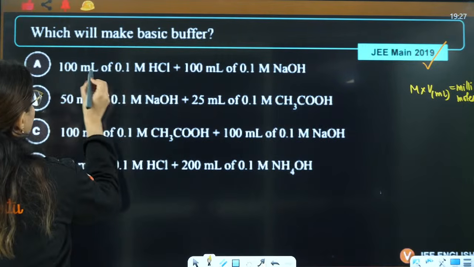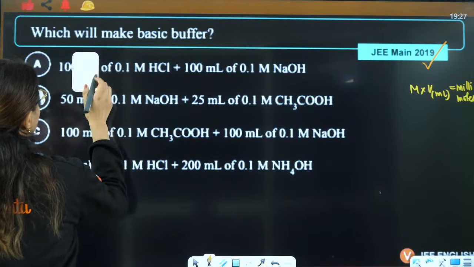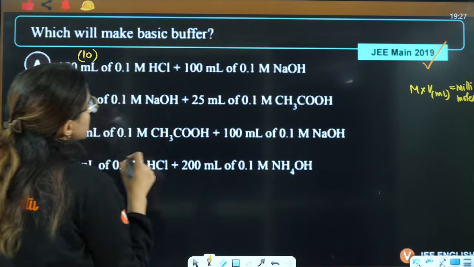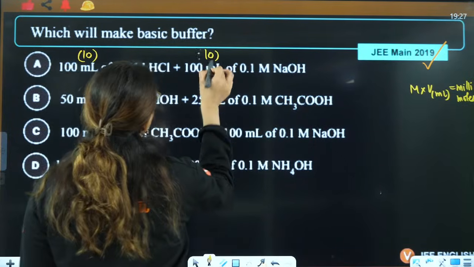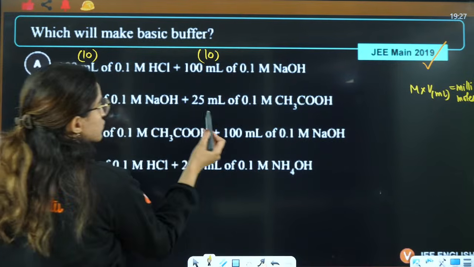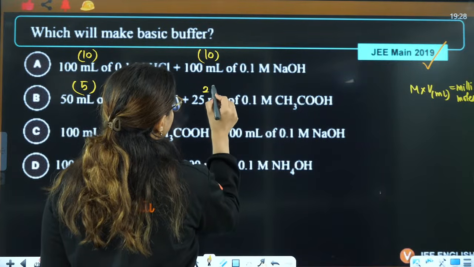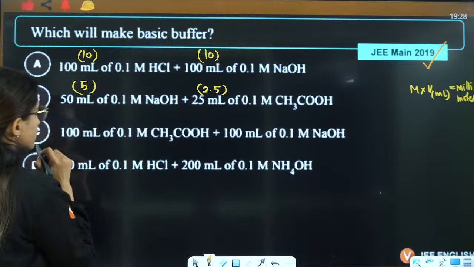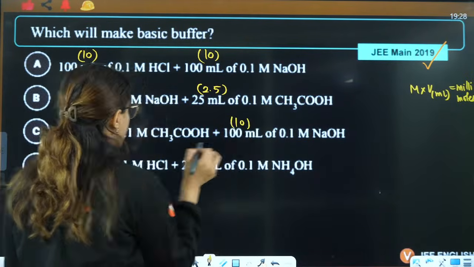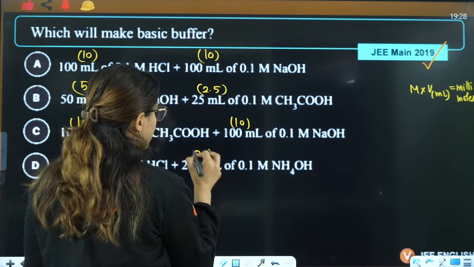This is 100 into 0.1, that is going to be 10, right? This is going to be 10, this is going to be 5, this is going to be 2.5, this is going to be 10, this is 10, this is again 10, this is again 20.